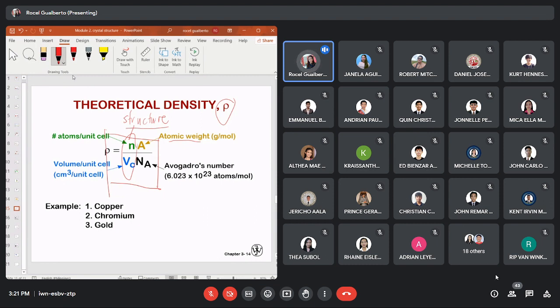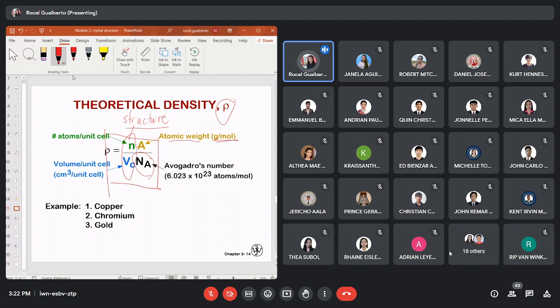Pag ginamit nga lang po natin dito sa equation na ito, make sure that the unit of the atomic weight is in gram per mole. And then we have here Na. Na is called the Avogadro's number. This one is a constant, equal to 6.023 times 10 to the 23 atoms per mole.